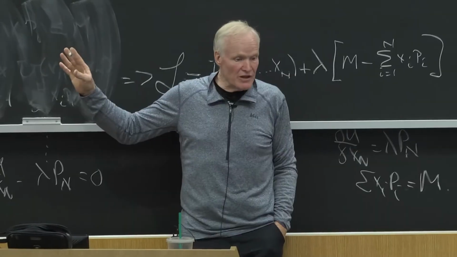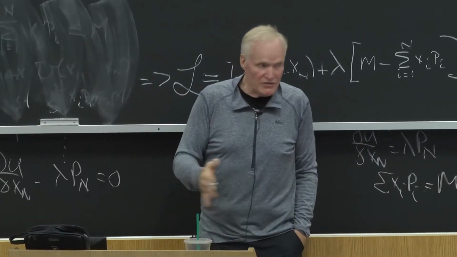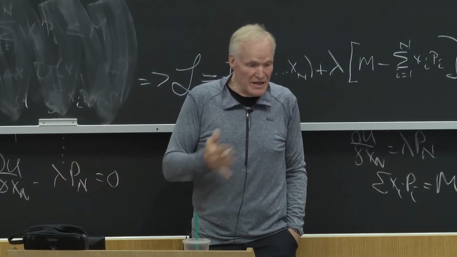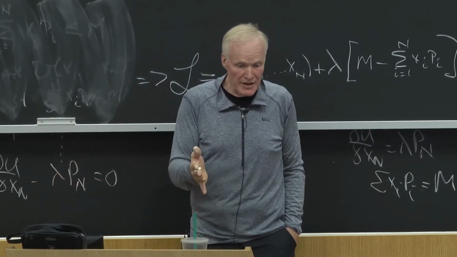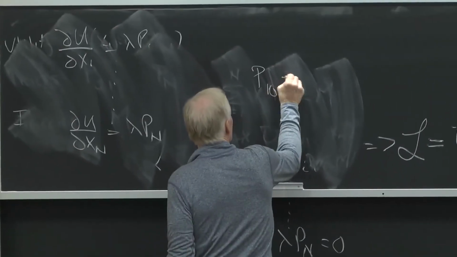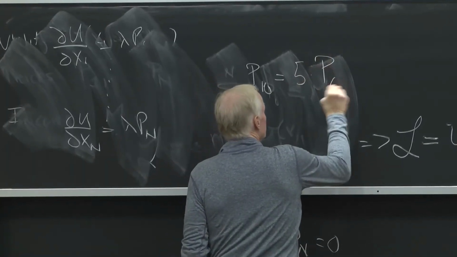It tells us that when one good costs 5 times what another good costs, let's say the price of good 10 equals 5 times the price of good 6.